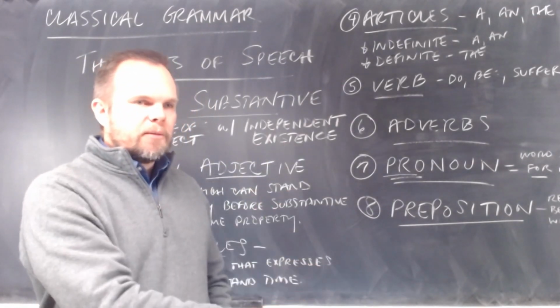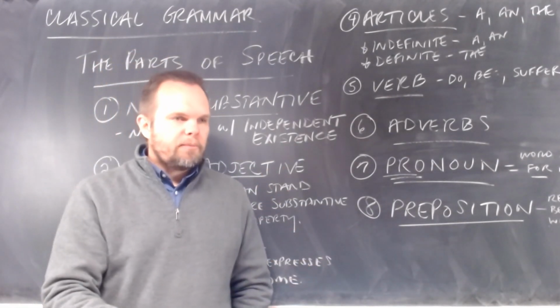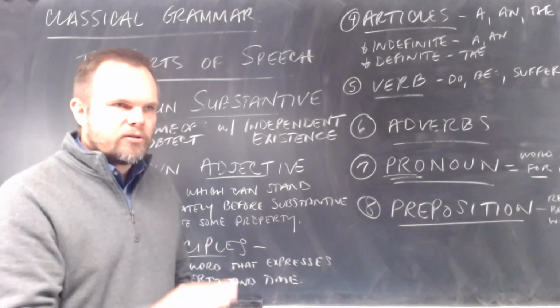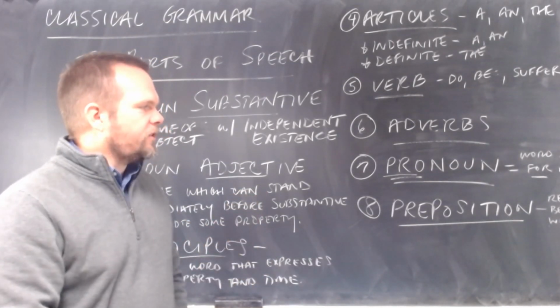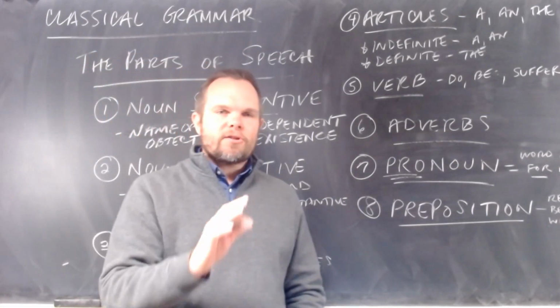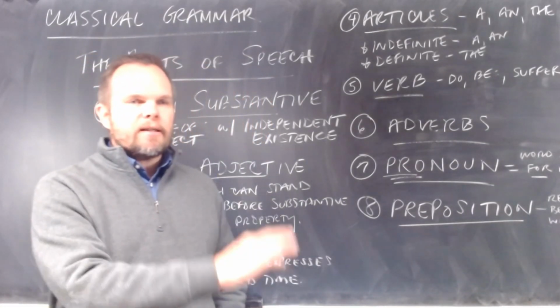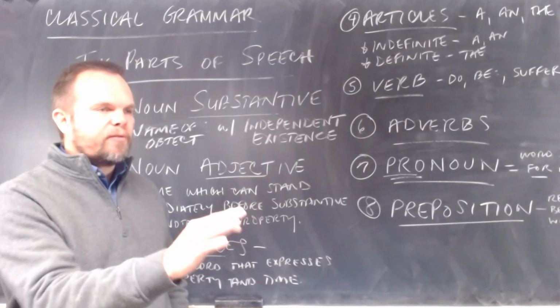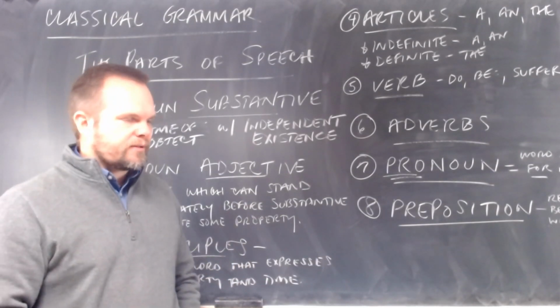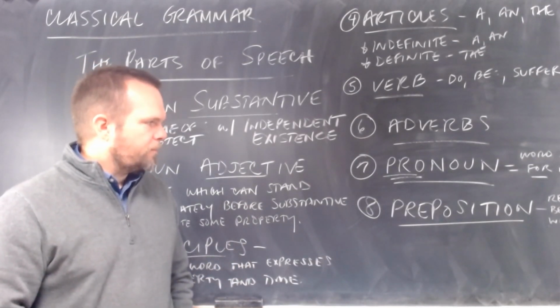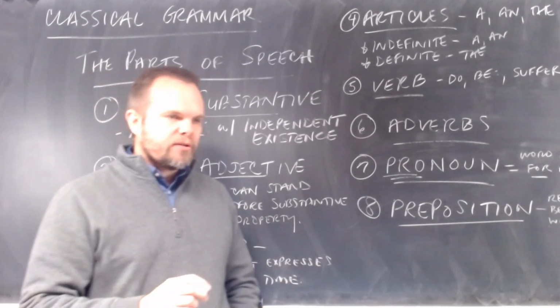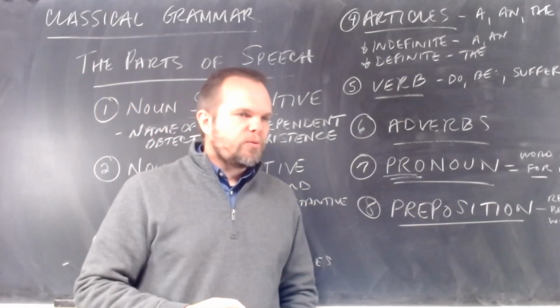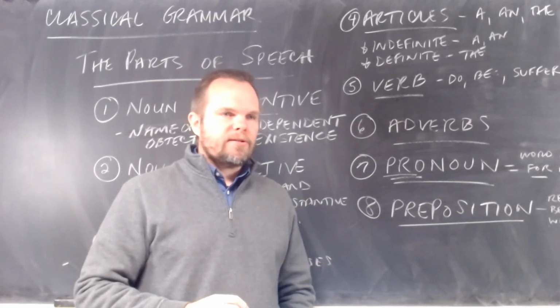We're not talking about ideas. We're not talking about things. We're talking about words. A preposition is a word that's used to show the relationship between different words in a sentence.